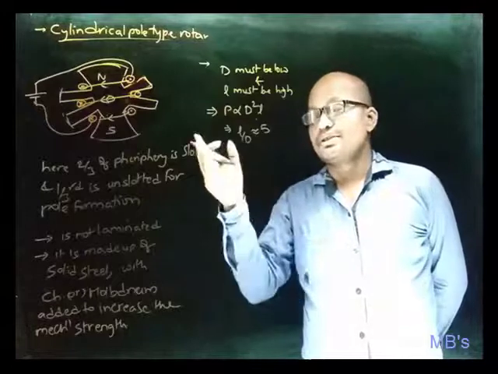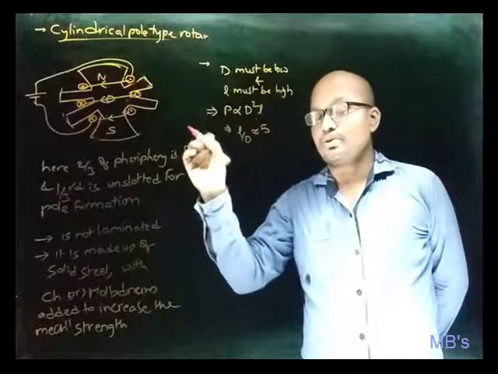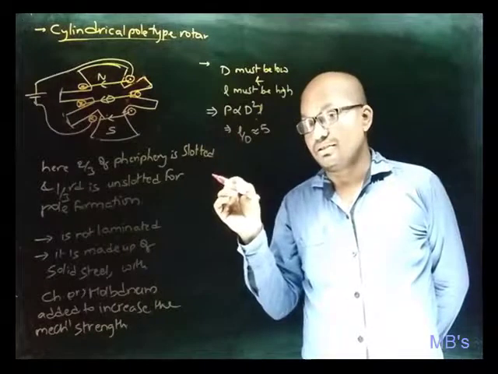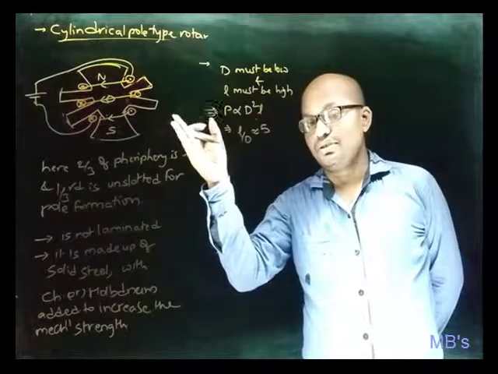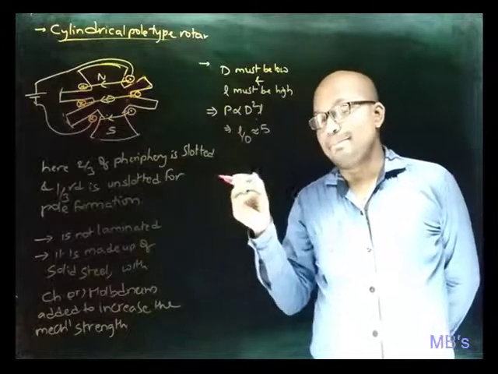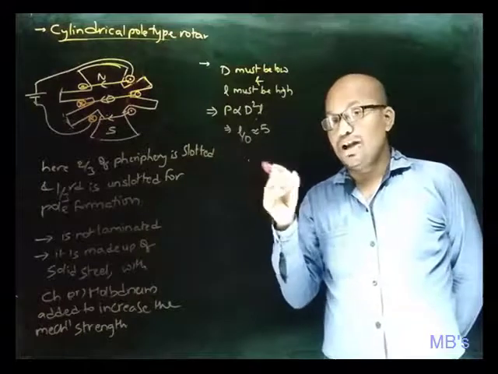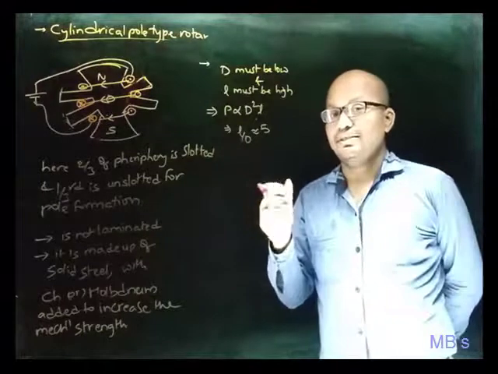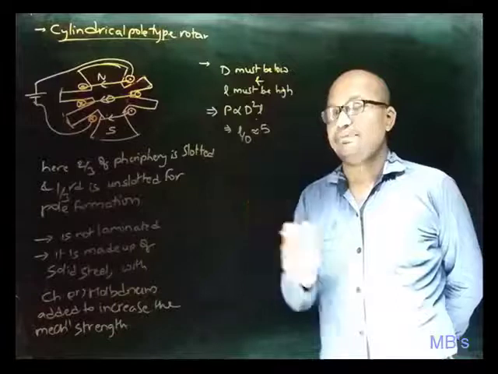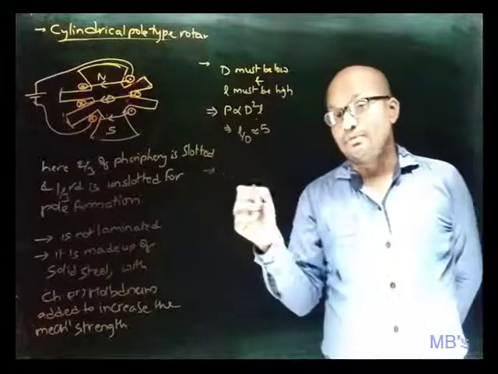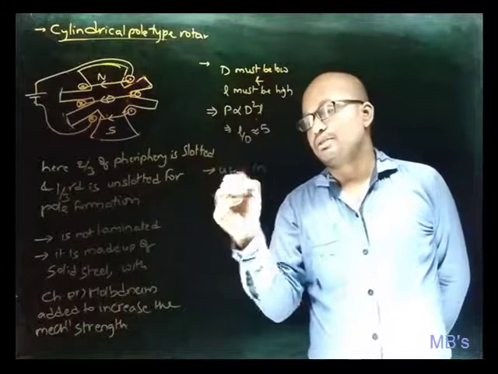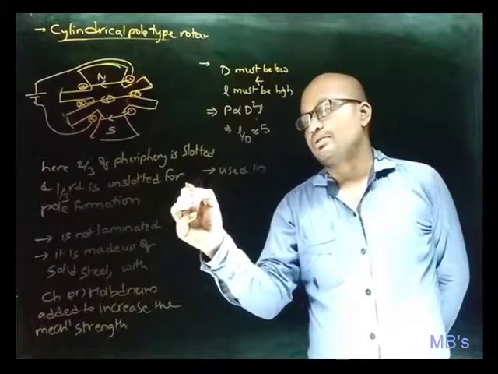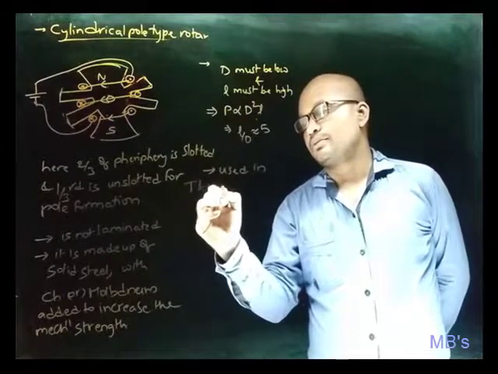Because this solid cylindrical pole type rotor itself acts as a conductor, and whatever eddy currents are produced in this solid structure will produce the required damping to reduce the hunting effects, so this structure need not be laminated. And as this is employed for higher speeds, it is used in thermal power plants.